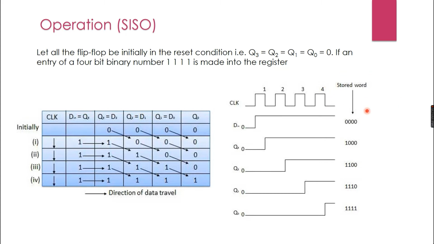The stored word initially is 0000, and after the first clock cycle we have the stored value in Q3 equal to 1, and every other stored bit is 0. In the second, Q3 and Q2 become 1, and Q1 and Q0 remain 0, and in the third, Q0 remains 0 and all others become 1, and in the fourth all our stored bits become 1111, and now our register has fully stored our 4 bits.